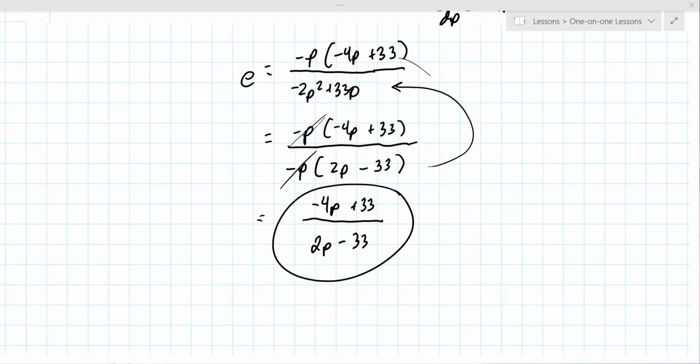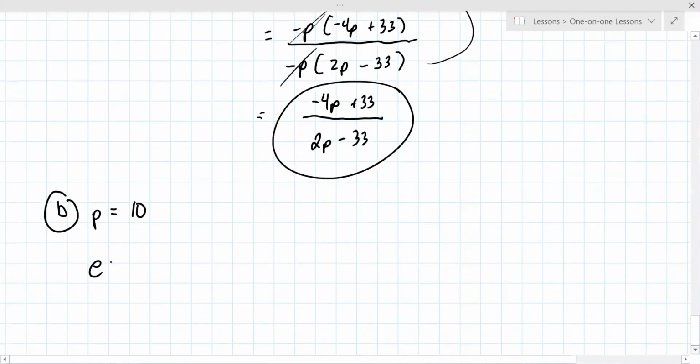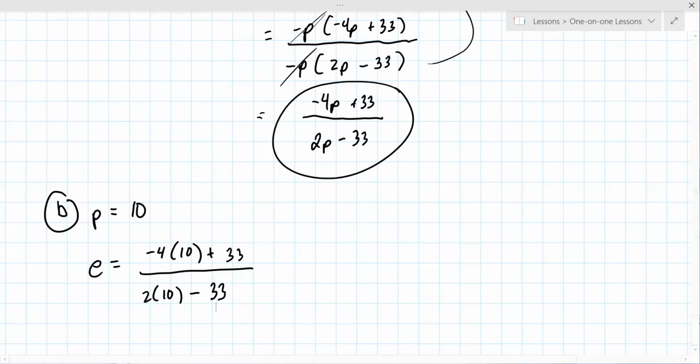Okay, so part B gives you a price. It tells you that price is 10, and you're going to put that price into this formula. Minus 4 times 10 plus 33 over 2 times 10 minus 33. It does say to round your answers, so you definitely need your calculator. All of this is in parentheses on the top and the bottom.